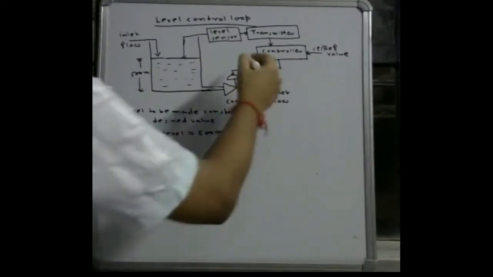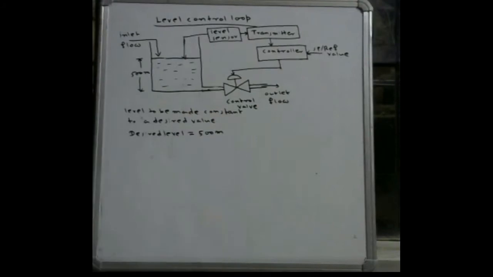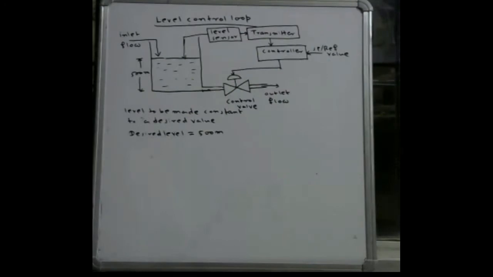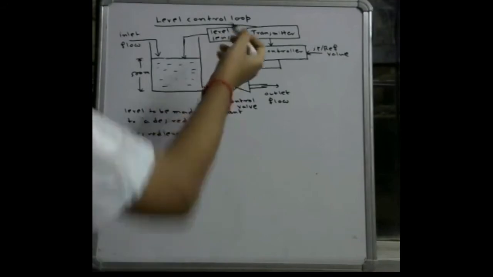Now the controller is normally placed far away from the field. It is the normal convention of an industry. The controller is not placed very near to the field. It will be placed inside the control room, and that control room will be very much away from the field.